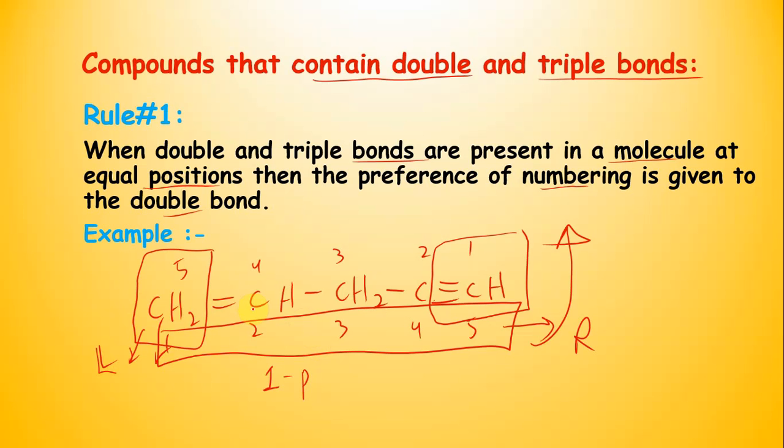So at the first position the carbon-carbon double bond is present: 1-pentene. And then the carbon-carbon triple covalent bond is present at the fourth position, fourth carbon. Look at here. So we will write here 4 and then YNE. YNE means carbon-carbon triple covalent bond. In this way we will give the name to this compound.